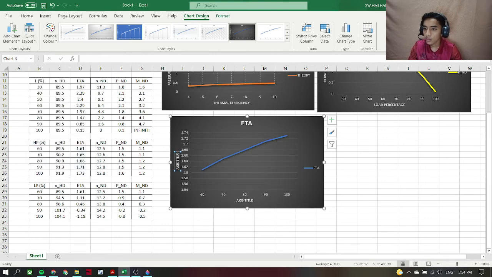So the Y axis will be the thermal efficiency, and the X axis will be the HP efficiency. Thermal efficiency versus high pressure turbine.